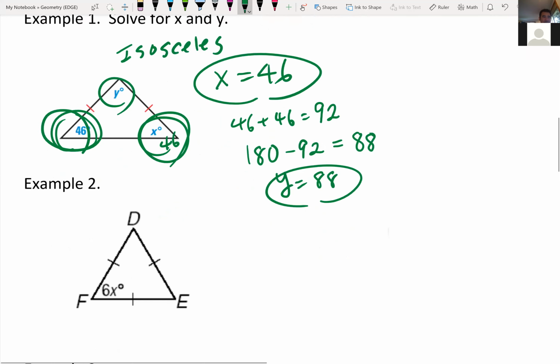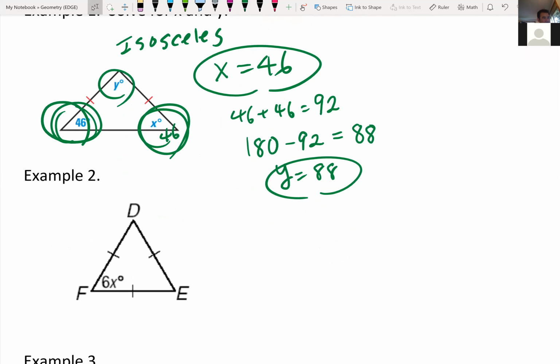Okay, let's work on example number 2. First, which triangle is it? Equilateral or isosceles?